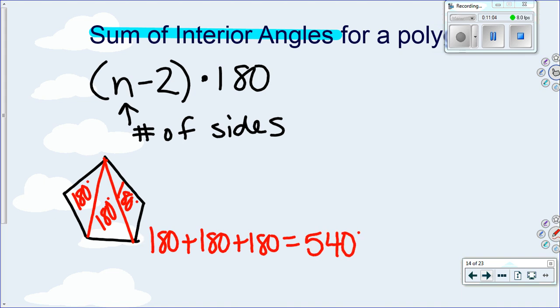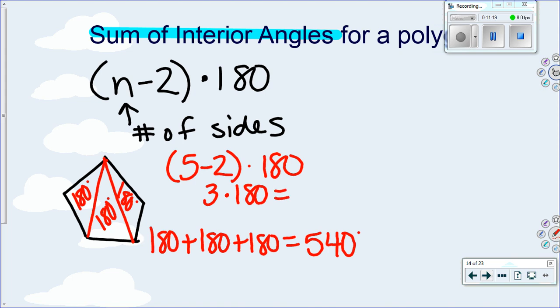But now we're going to actually use the formula we wrote above. So n minus 2, the number of sides minus 2. Well, it has 5 sides. Minus 2 is going to be 3 times 180. 3 times 180 is 540 degrees. As you can see, we got the same answer both ways.